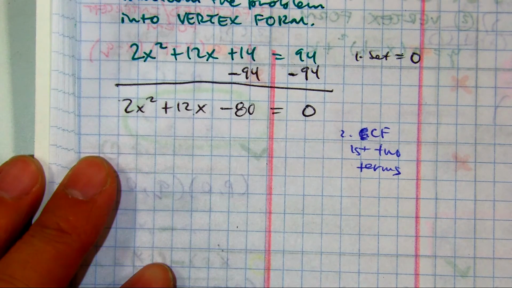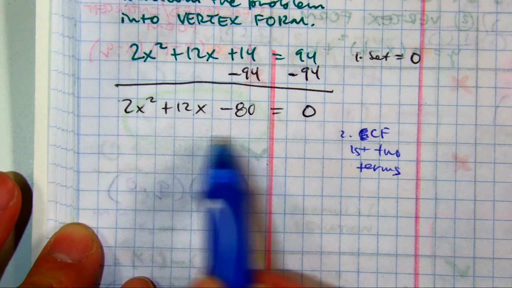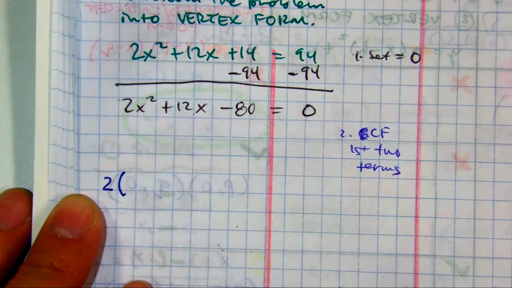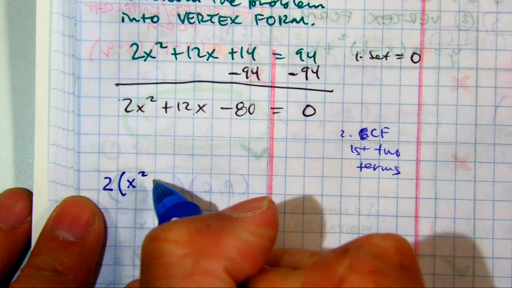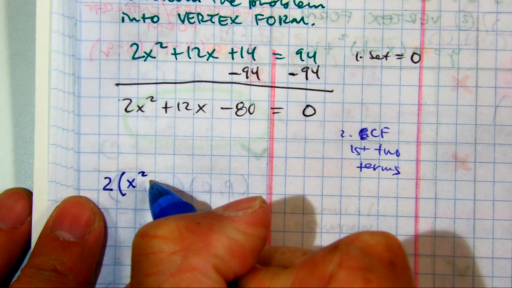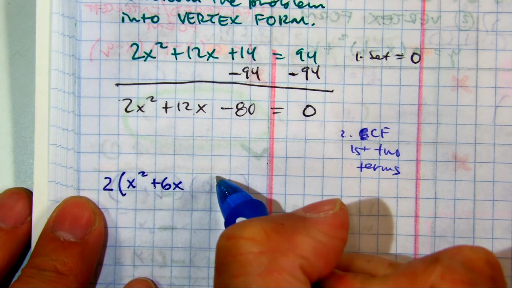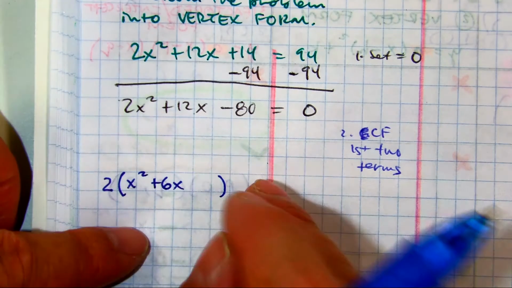So I got, and then put a huge gap, like 3 lines. 2 times, what do I got? X squared, 6x. Remember, put a big gap right there, like a couple of lines, and then we're going to have negative 80.